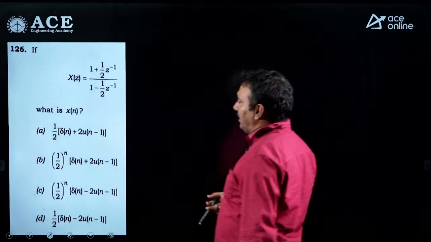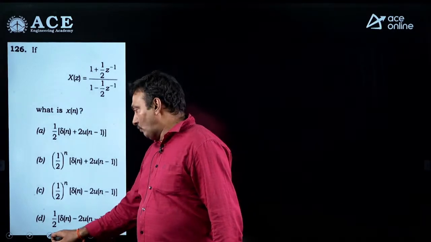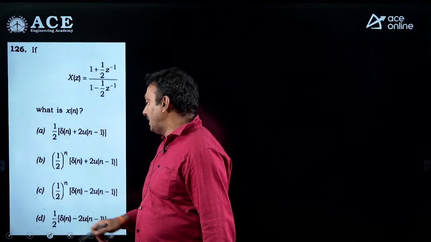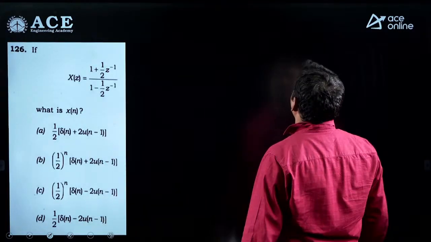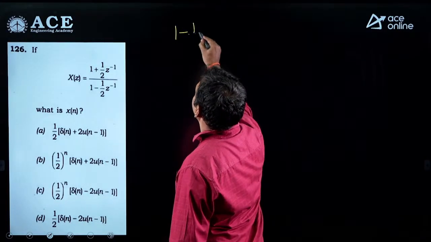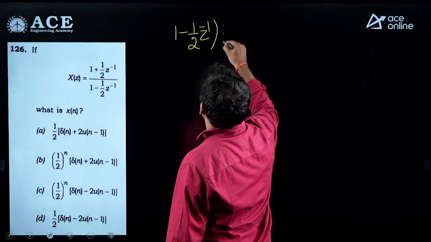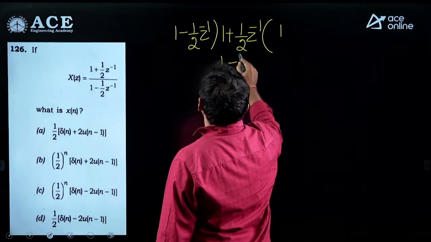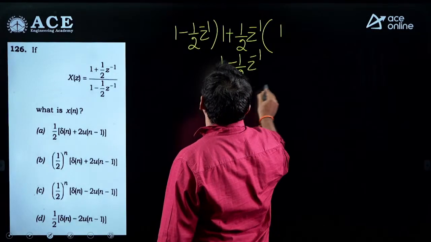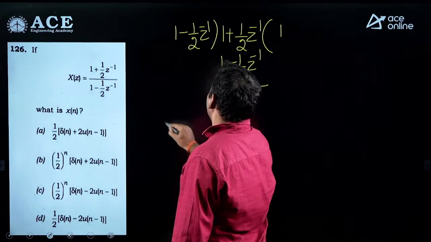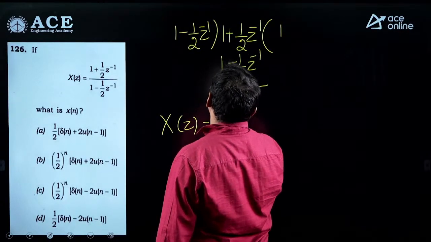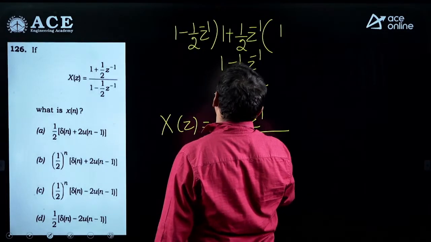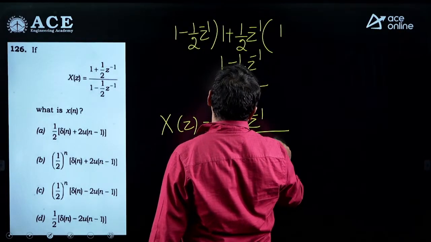The Z transform is given and he is expecting the signal: 1 plus half Z inverse by 1 minus half Z inverse. It is a proper one. First you have to perform long division to convert that to strictly proper. After that, the expression is simplified to 1 plus Z inverse by 1 minus half Z inverse.